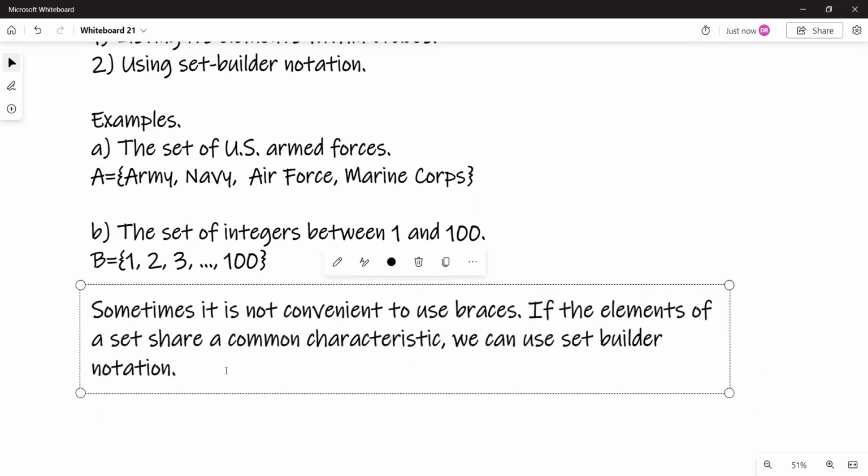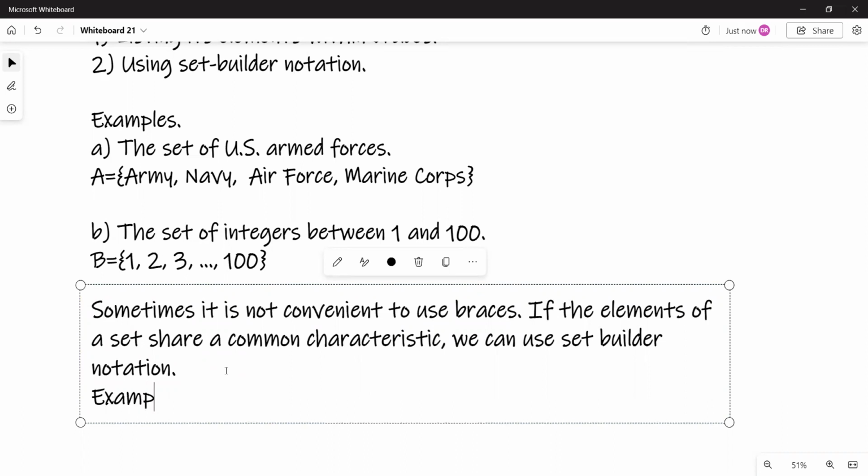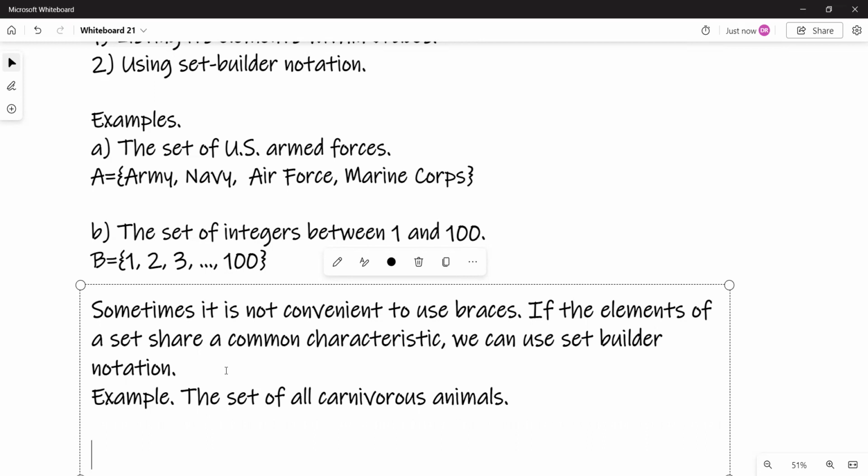So one example, I'm going to use the same example as in the book. The set of all carnivorous animals. Okay, so we can denote this set with the letter C.